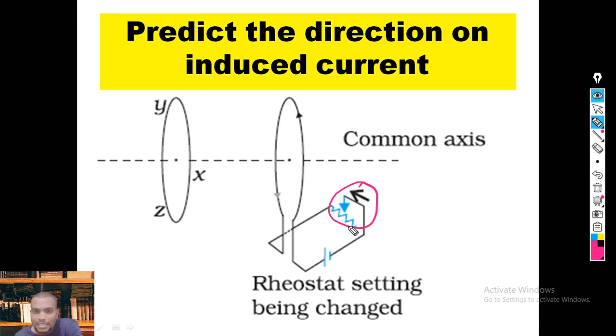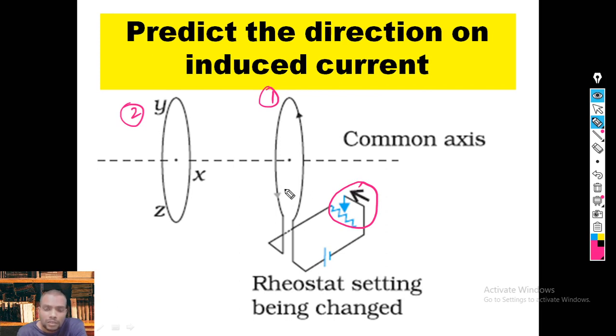This increasing current causes an increase in the flux in the neighboring coil. Suppose if it is coil 1 and coil 2, if the current in coil 1 increases, the flux in coil 2 increases. So Lenz's law says that the increase of flux should be opposed. Now the induced current should produce flux in the opposite direction of the original flux.